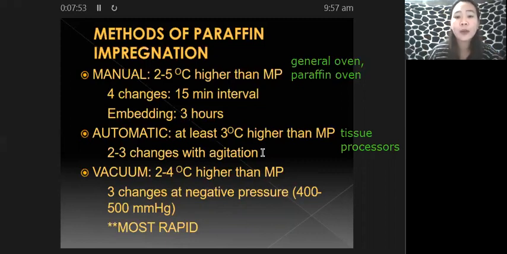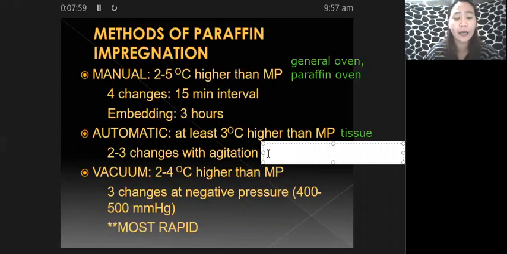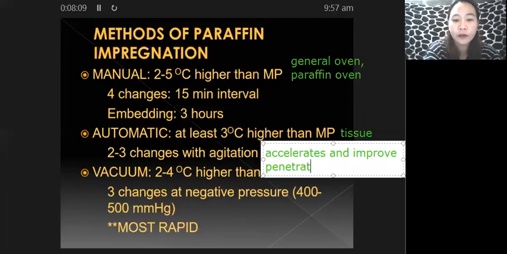So what is the effect of agitation in paraffin impregnation? This will accelerate and improve penetration.